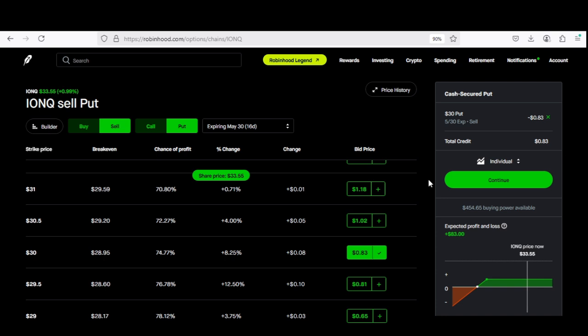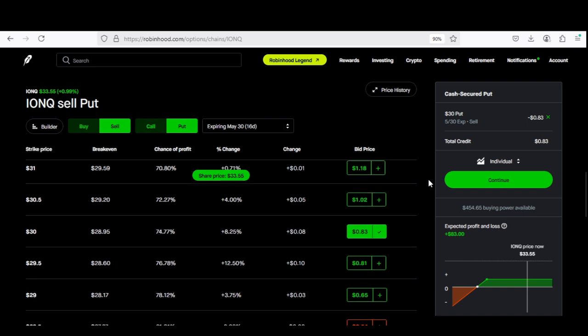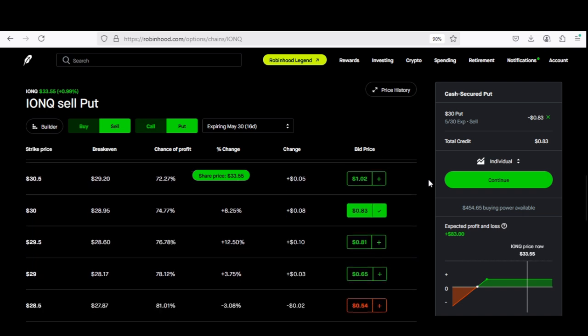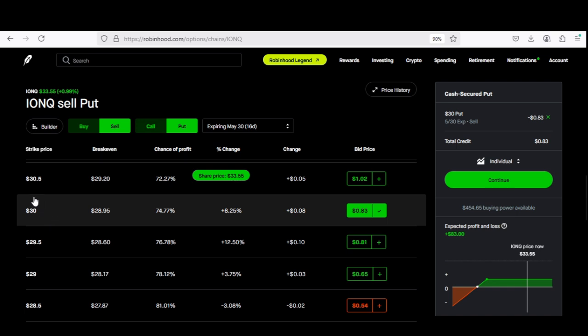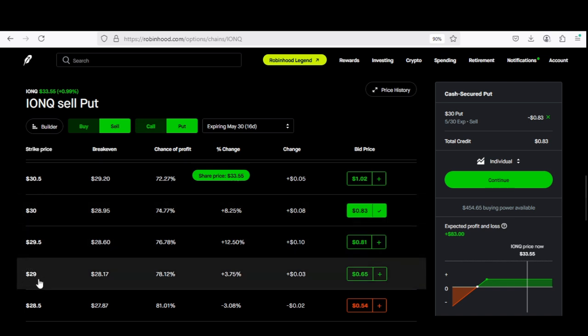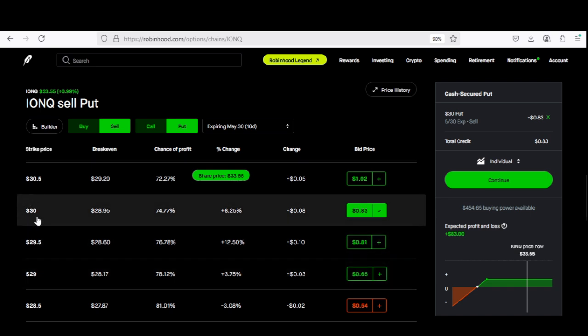Now, like I said, I did show you the secondary level of support. When doing the cash secured put, always make sure to do it on a stock you do not mind owning in your portfolio. So, come expiration date, if IONQ happens to fall below the $30 mark, let's say it gets to the $29 mark right here, then we're going to be forced to buy 100 shares of IONQ at the price we chose, which is the $30 price per share.